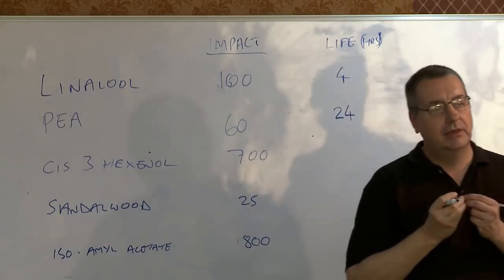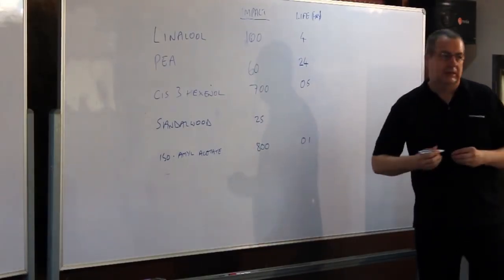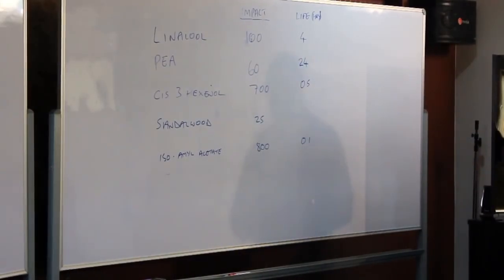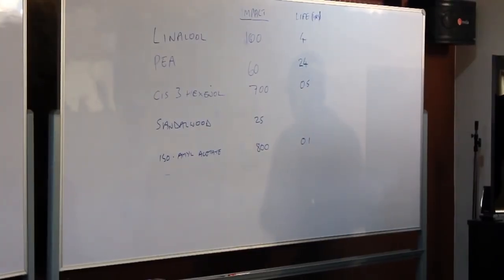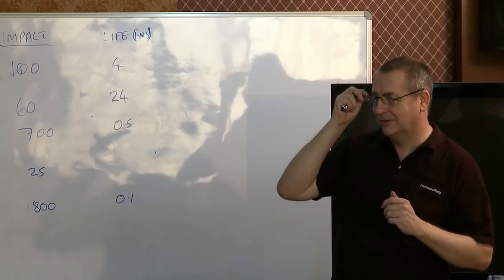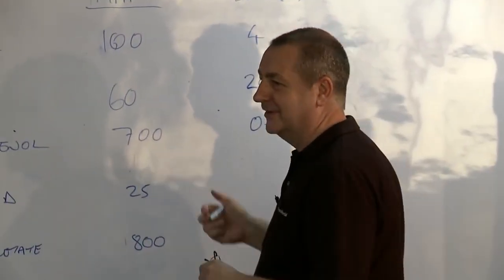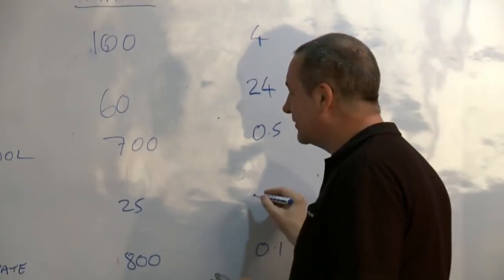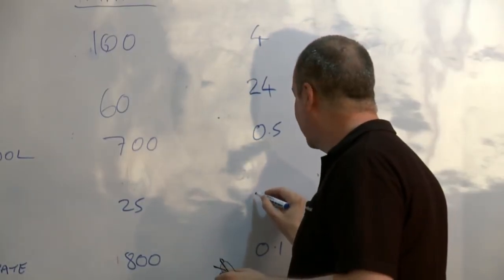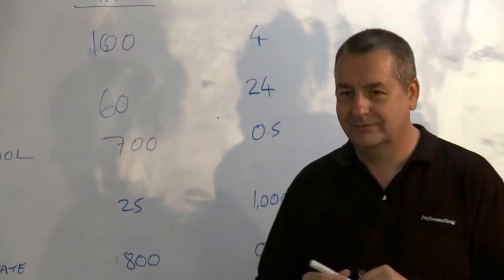Cis-3-hexanol has a life of about 0.5 hours. Isoamyl acetate was 0.1. And sandalwood, I tried this 40 years ago to find out how long it lasts on the smelling strip, and I gave up after 6 months. So we can assume something like 1,000 hours.